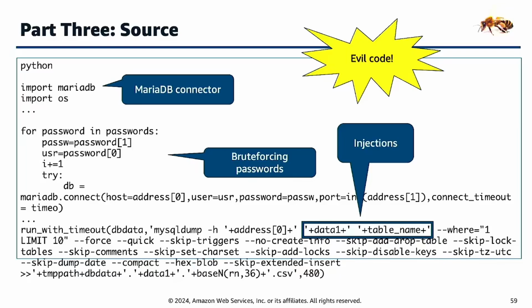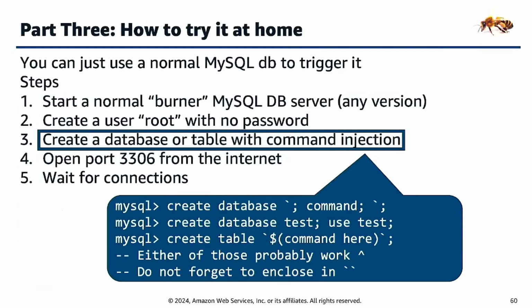So this is basically it. We were able to use the mysqldump CVE to download their code. So if you want to try it at home, you can also do that. You don't even need the MySQL honeypot. You can start a normal burner MySQL database server, and then you can create your database names like this. You can do a semicolon command.